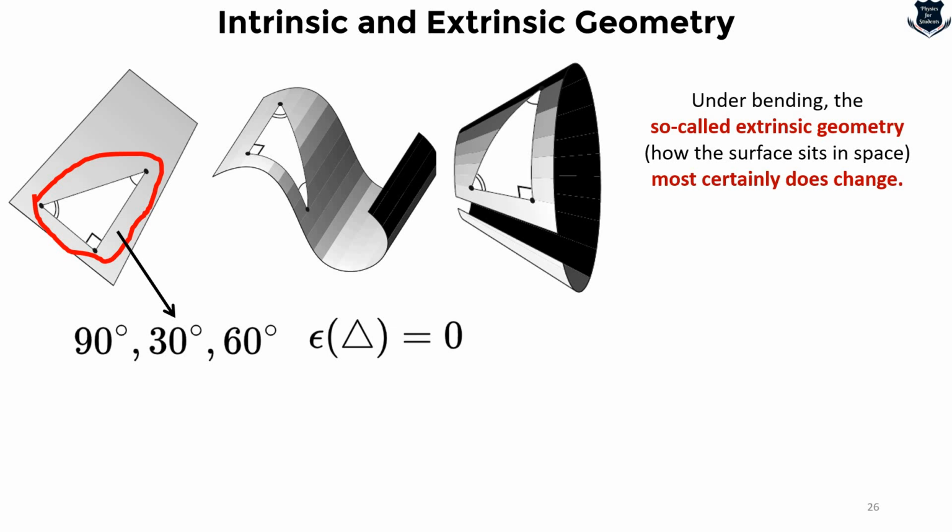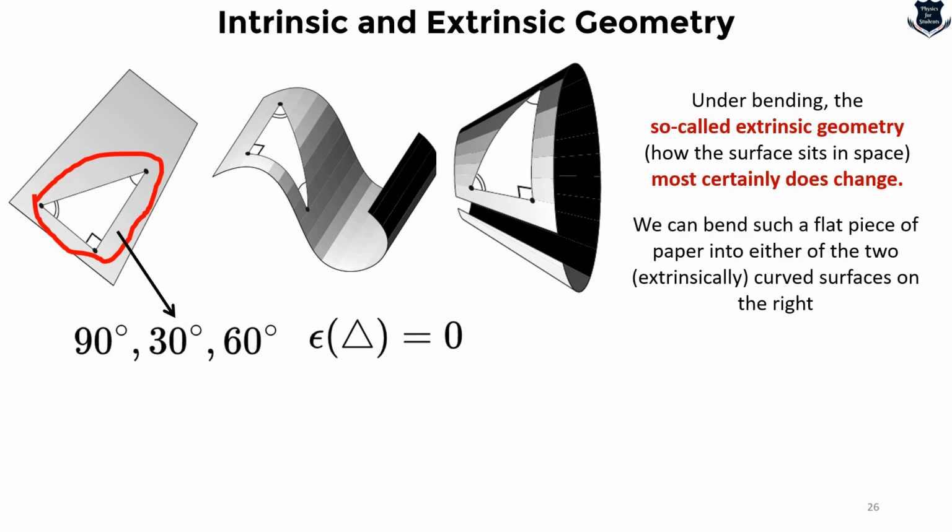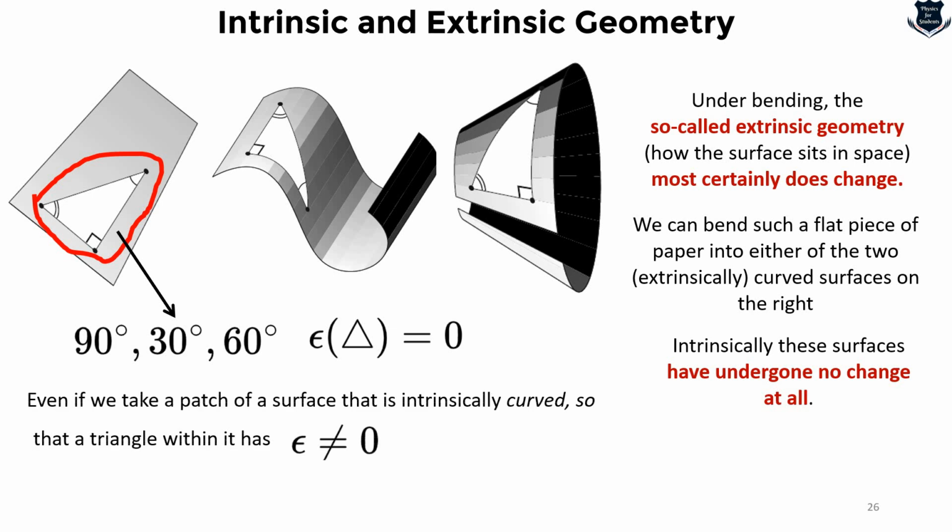And most importantly, they are identical as far as the intelligent ant creeping along is concerned. So we can bend such a piece of paper in either way into the curved surfaces on the right. However, what you can find out here is that intrinsically these surfaces have not changed at all, but extrinsically the geometry of the surface has changed.